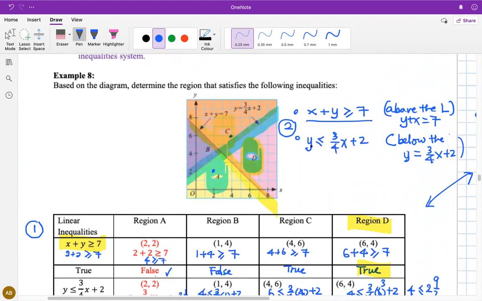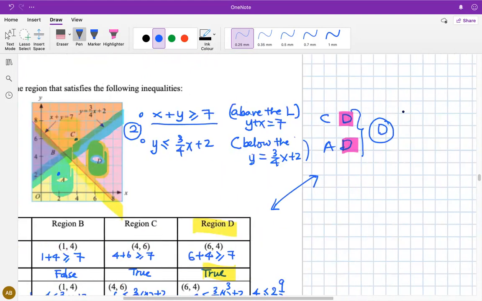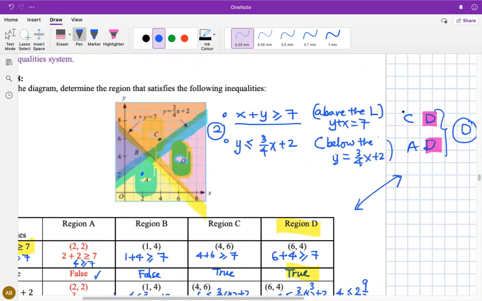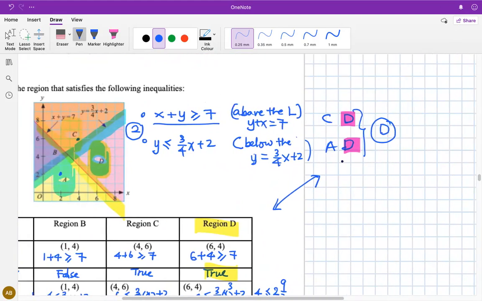You know already the above or below, right? If more than, it is above. You just list down the regions that satisfy the first inequality. Then we find the regions that satisfy the second inequality. Okay, we list down, and then at the end, we find the intersection.